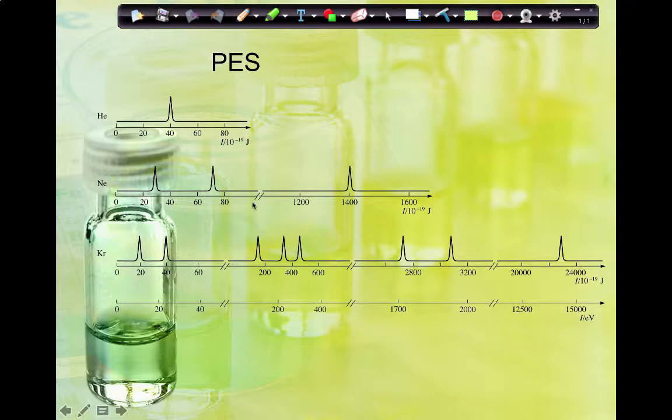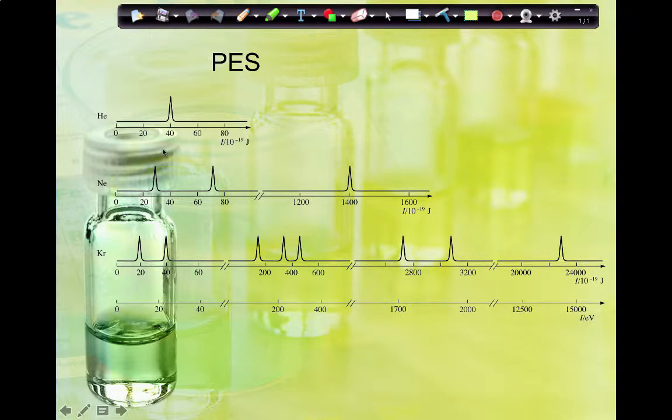Now, you'll notice that you have these little breaks right here. That just indicates that there's a large jump in energy, so in order to make it fit on the paper, that's what they do. Now, on this particular PES, you'll see that it goes from 0 to 80. So all of these go from a lower number to a higher number.